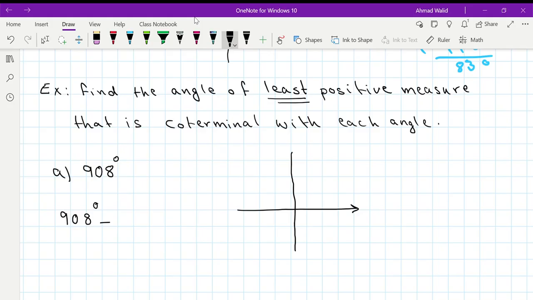You see, if I subtract from this 2 times 360, which gives me 720, it will give me the least positive coterminal for 908.